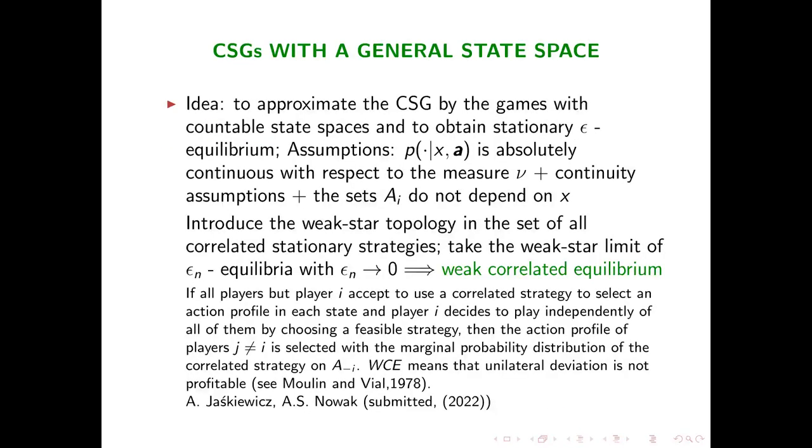And our recent result is also done for games with general state space. But what do we have here? First of all, we assume that the transition probability is absolutely continuous with respect to some measure mu or lambda. Of course, we need some continuity assumptions, and we do not assume that the action set depends on x.